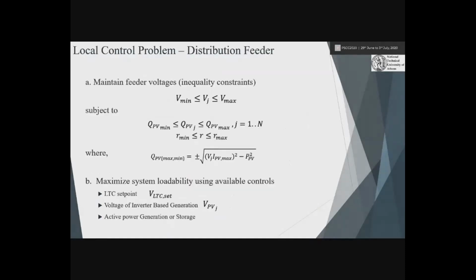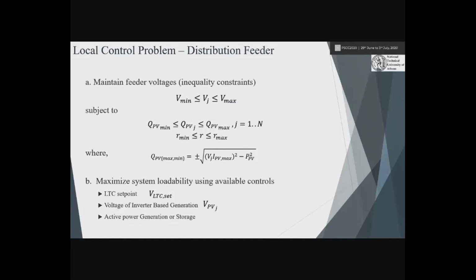Concerning the local control problem, in the distribution side there are two different problems that are to be addressed. The first one is to maintain the feeder voltages inside the operating limits, subject to the inequality constraints for the available control variables, such as the reactive power generation according to the capability limits of the inverters, as shown in this equation, and the minimum and maximum tap ratio for the LTC.